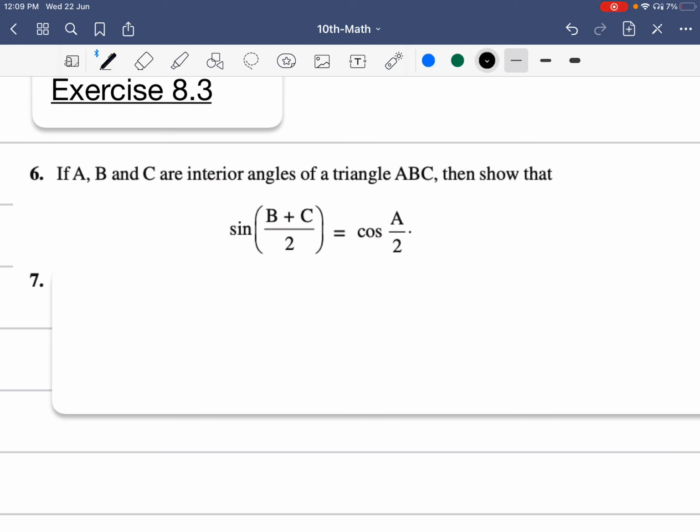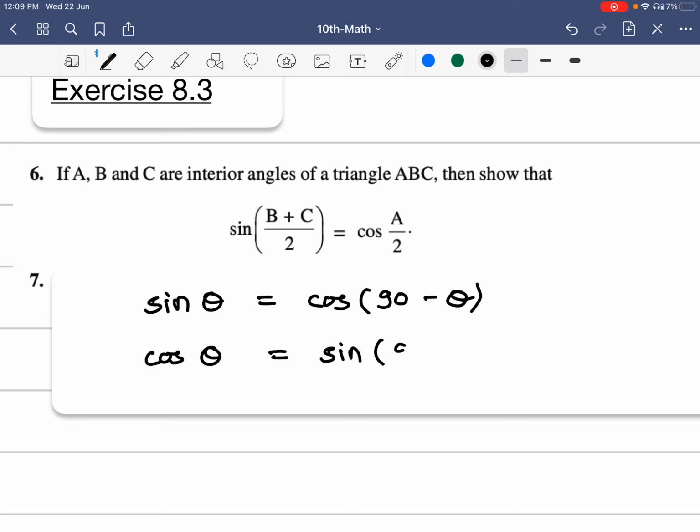First of all, let me write the complementary property. That property says sine of theta, where theta is any angle, is equal to cos of 90 minus theta. Or you can also say cos of theta is equal to sine of 90 minus theta.